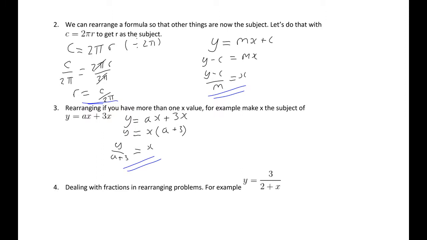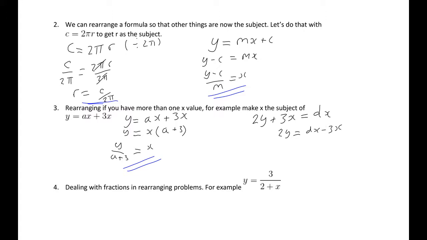Now, we could have had something a little bit more complicated. So we could have had 2y plus 3x equals dx. I don't want a because I just used a, so I'm going to use dx. Now, I want you to get x equals in this case, so I'm going to get all the x terms to one side, all the non-x terms to the other side, so I'm going to take 3x away from both sides, and I'll get 2y equals dx minus 3x.